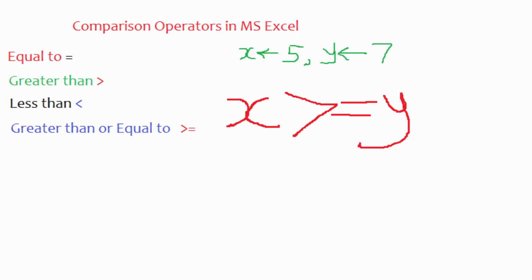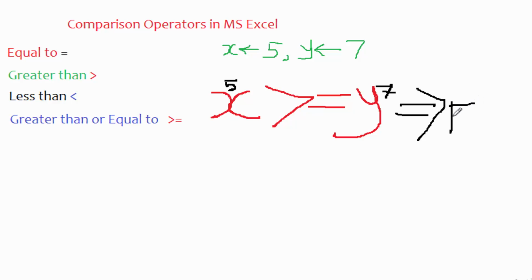And remember, our x contains a 5 and our y contains a 7. So it is obvious 5 is not greater than 7, and therefore our expression will be false, simply because x is not greater than or equal to y. That is a very good example.